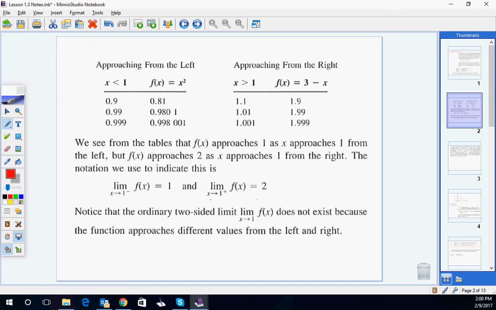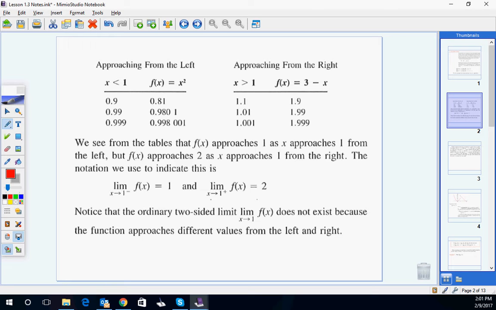On the other side it's a different graph, 3 minus x, so when I get really close to 1 on the other side, I'm getting really close to 2. So that would be a point of discontinuity. They are coming into different spots. You're going to see the picture in a second. They break, so it's just a point of discontinuity. We can prove that by the limits.